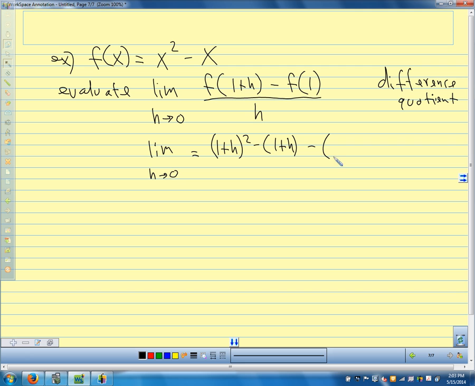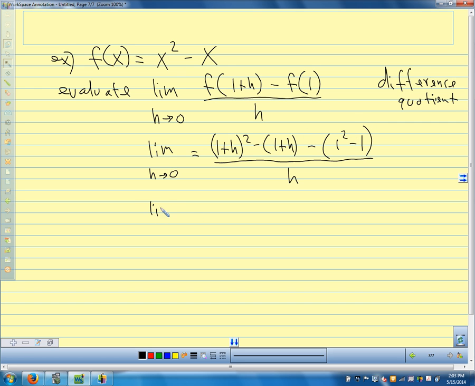And then we're subtracting f of 1, so that's going to be 1 squared minus 1, over h. So this is just another way of simplifying a limit. Here I'm plugging my things into my function: plugging 1 plus h in for x, 1 plus h squared minus 1 plus h, and then plugging 1 in for x right here. So let's simplify this.